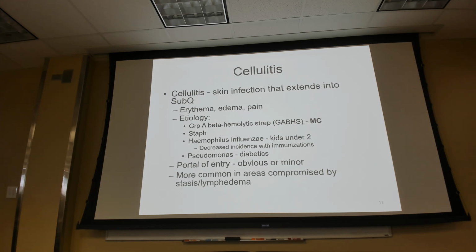The locations are oftentimes the legs and the feet, because those are locations that could have an injury that will amp this up, which is what I said about the stasis and lymphadenopathy. Yeah, you see it. That's on the legs and the feet.